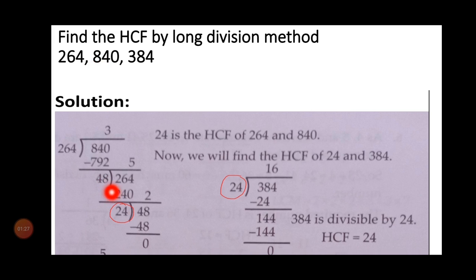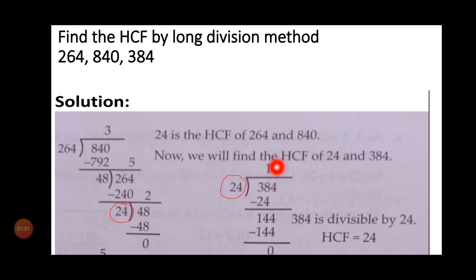So use that last divisor to divide the third value. What do you get finally? 24. That 24 we are going to use to divide the third value. So 384 inside, 24 outside. Now how many times of 24s are there? Normal division.